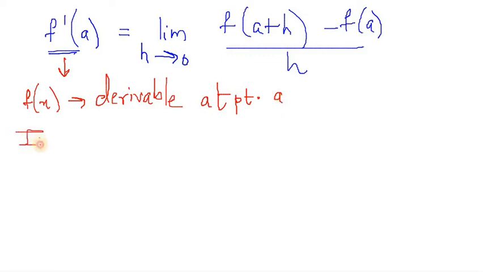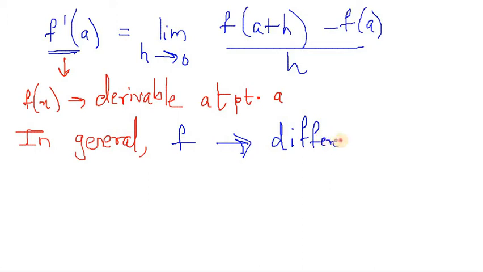So in general, if I want to write, in general I can say that f is differentiable with respect to x. F is said to be differentiable with respect to x, and it will be denoted by f dash of x.